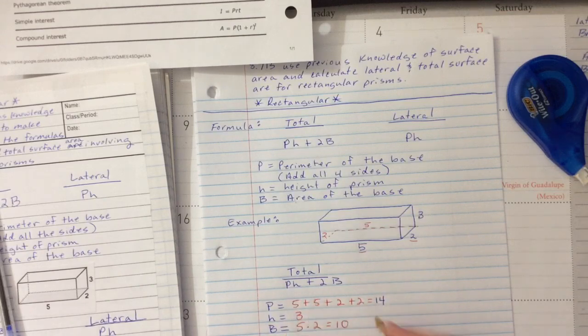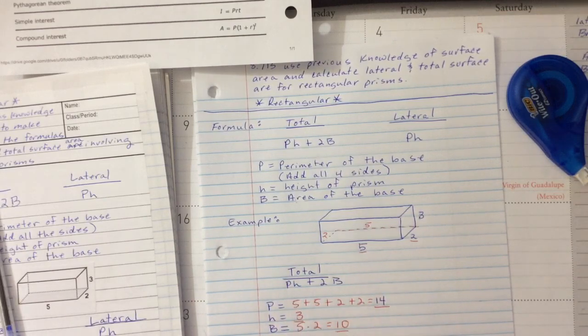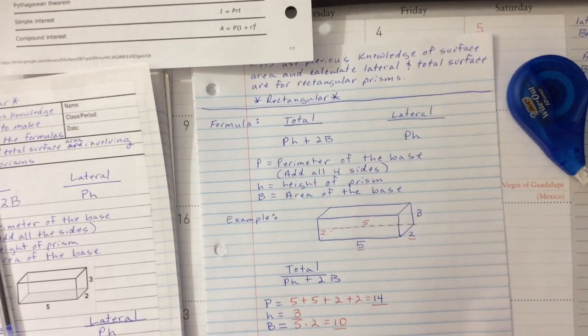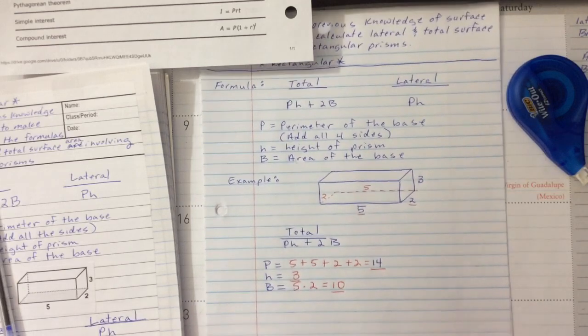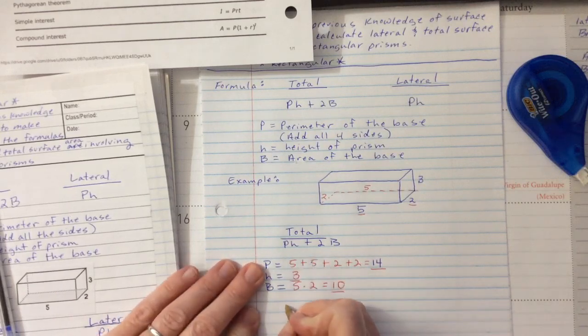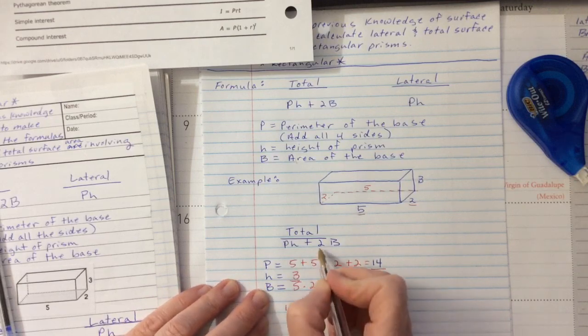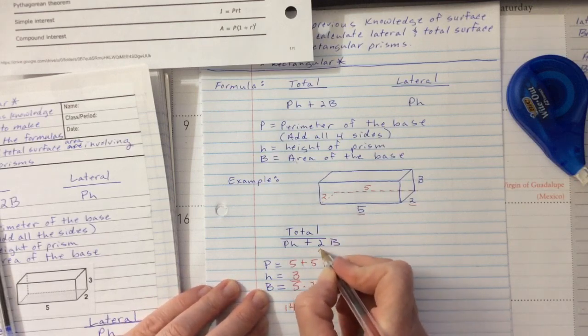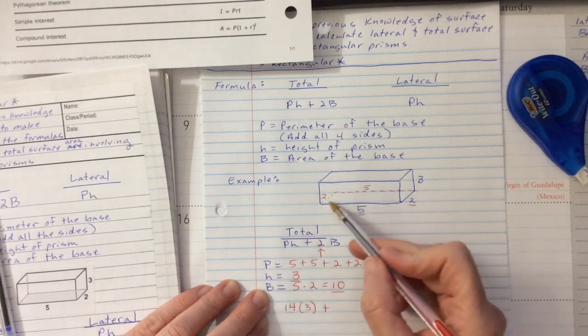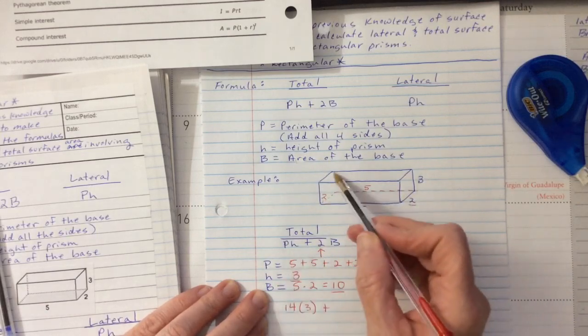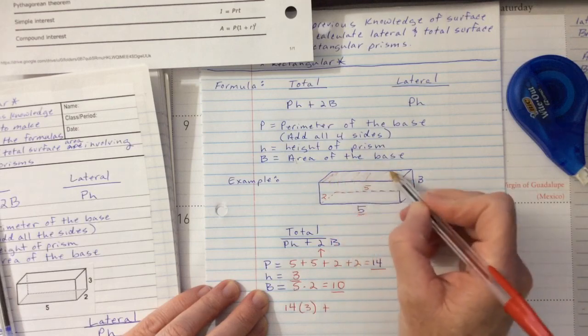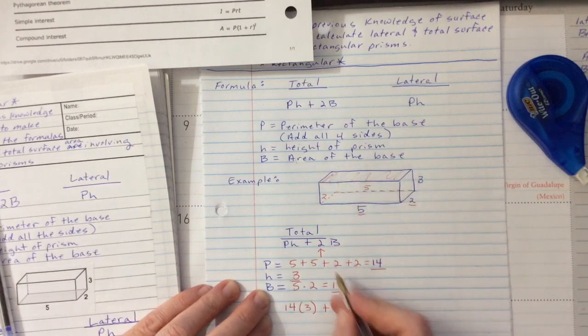Now we're ready to plug in our numbers. We have a 14, a 3, and a 10. So now we can plug those into the formula. So our perimeter is 14, our height is 3, plus this 2 is in the formula because we have 2 bases. We have one here and we have the other one right here. So 2 times 10.